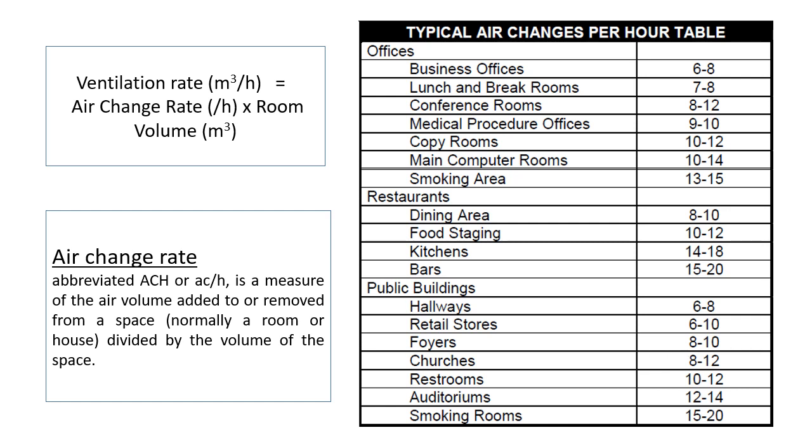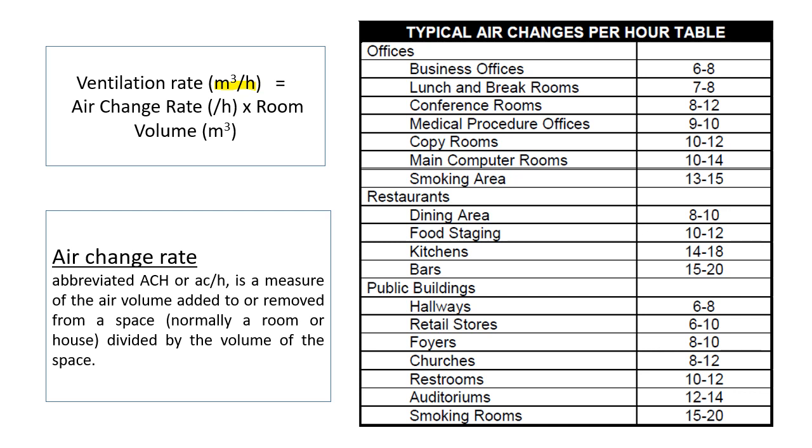Alright, so what is ventilation rate? We always hear about ventilation rate, and in SI units, it is in meter cubed per hour. Ventilation rate is equal to the air change rate per hour times the room volume in meter cubed.